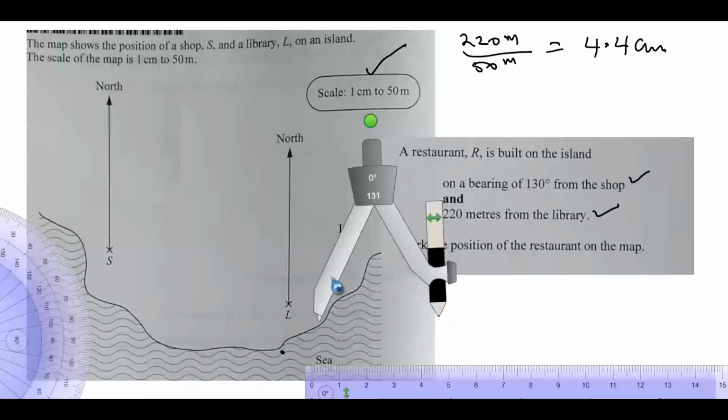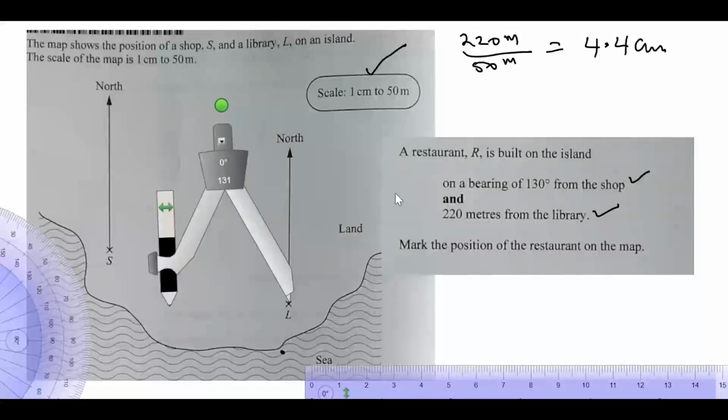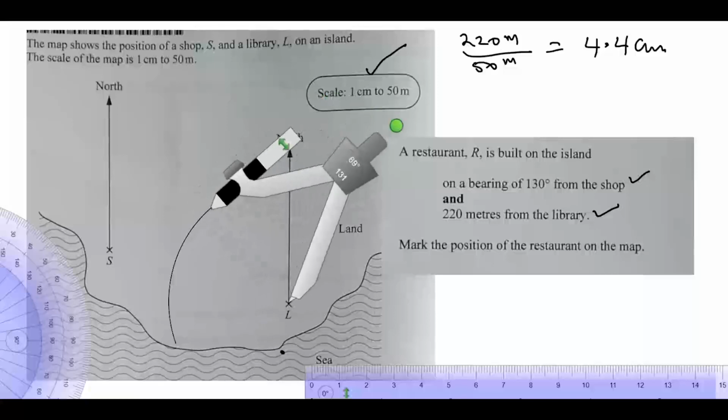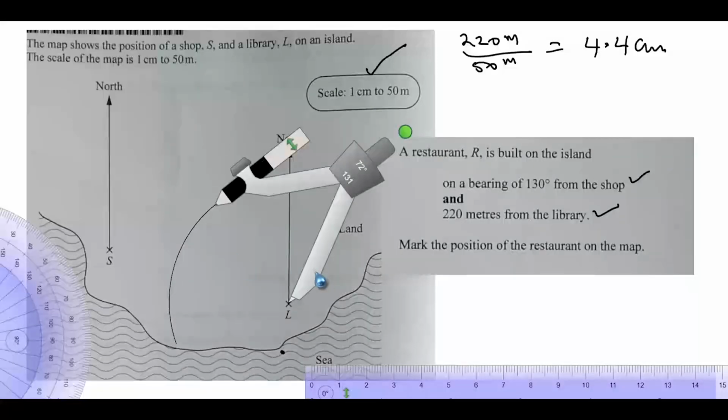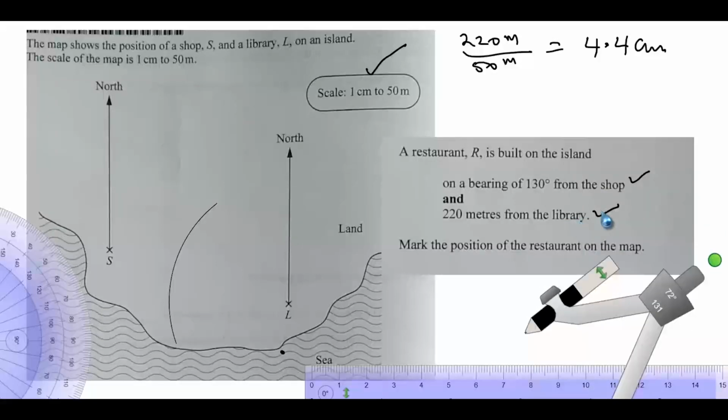Then center at the L, because the location of the restaurant is 4.4 centimeters from the library. So that's why the center is at the library now. So let me draw an arc here to see where the position will be. Now, I haven't done the first condition yet; I have done the second criterion. So I'm done with the second condition.